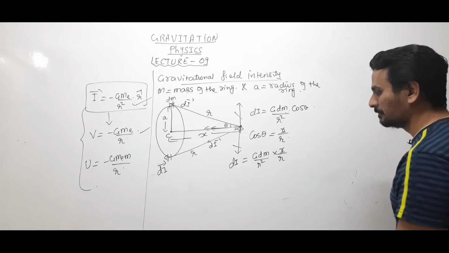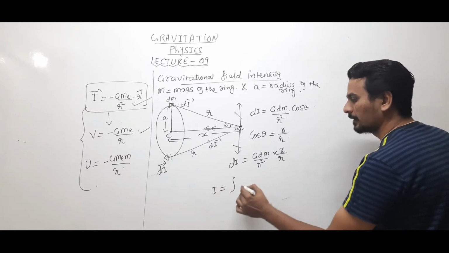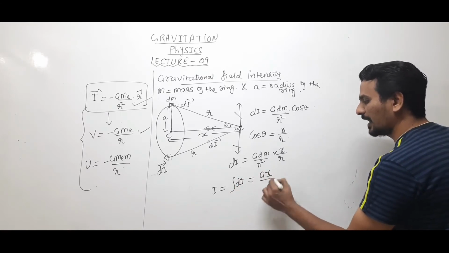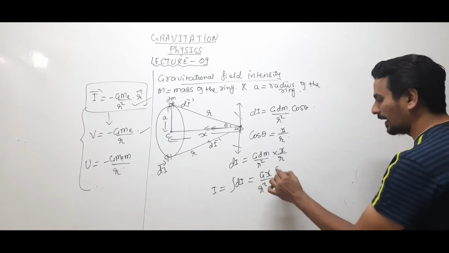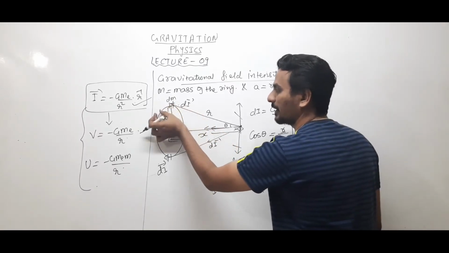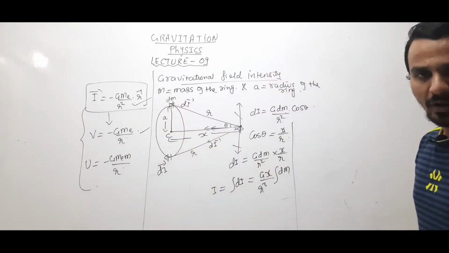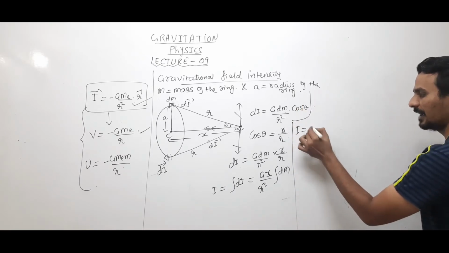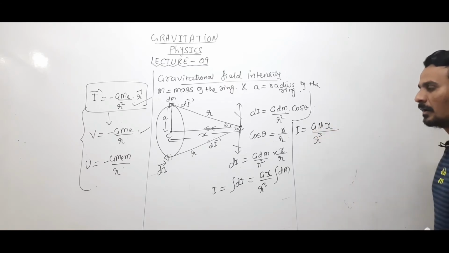The total gravitational field intensity will be obtained by integrating: G x by r cubed are the common constant terms, and integration of dm, the small mass on the ring, will give the total mass of the ring. So finally the gravitational field intensity I will be equal to GMx upon r cubed.